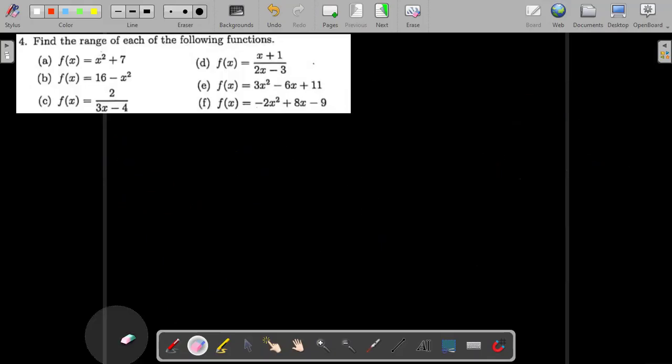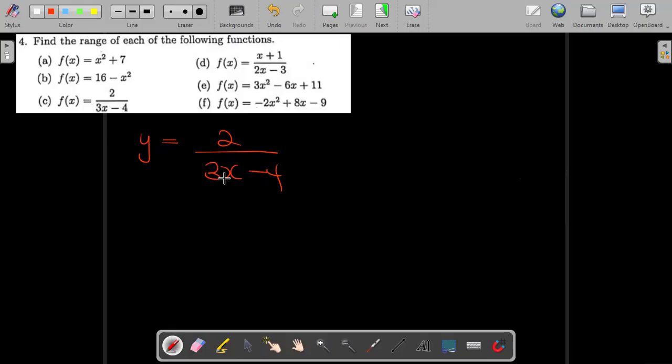So the one that follows now, you have a rational function, which is y equal to 2 over 3x minus 4. So when you're dealing with a rational function like this one, what you do to find the range is write your function in terms of x. So make x the subject of the formula.